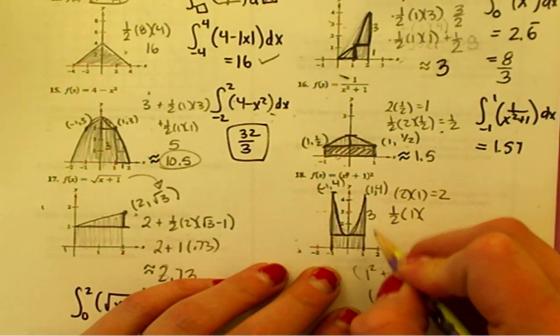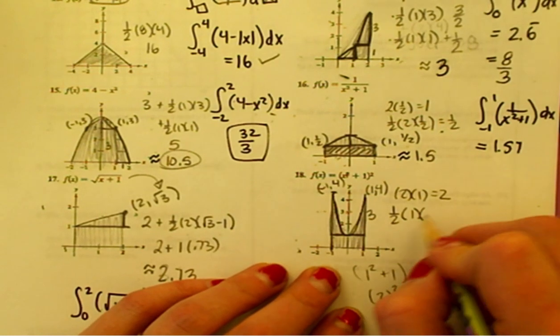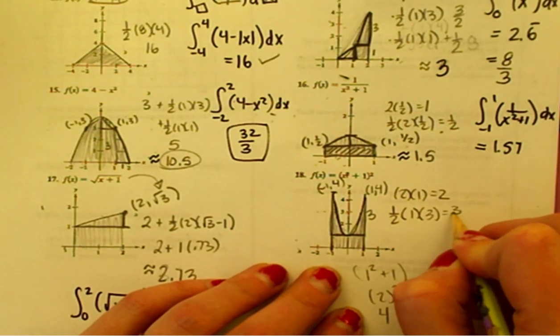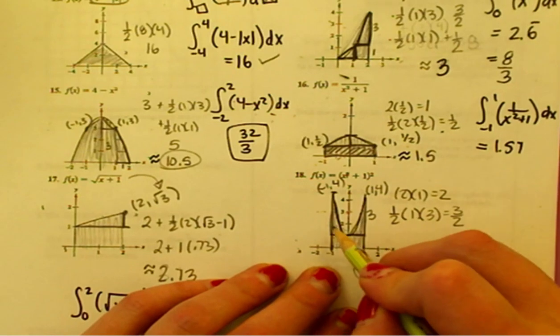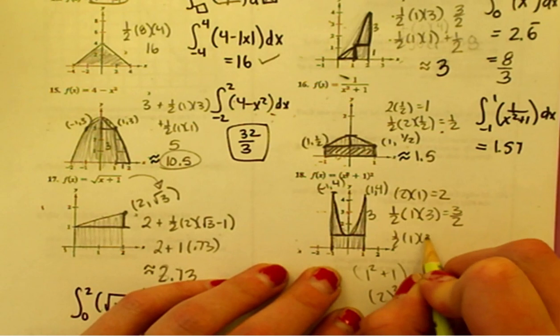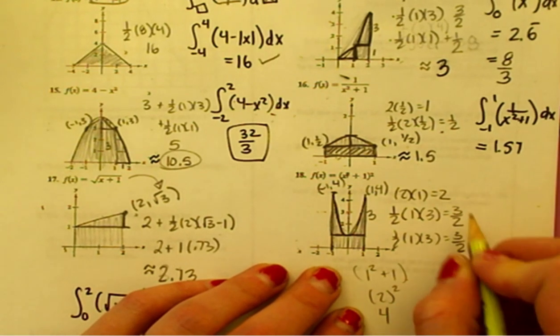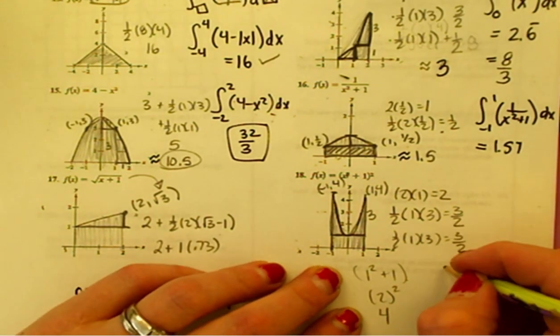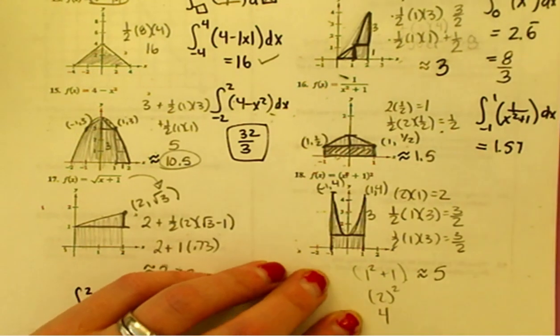So this is actually 3 high. So 1/2 base times height, 3 halves, but I have 2 of them, one on this side, one on this side. So 1.5 and 1.5 is 3, so we get an area of 5.